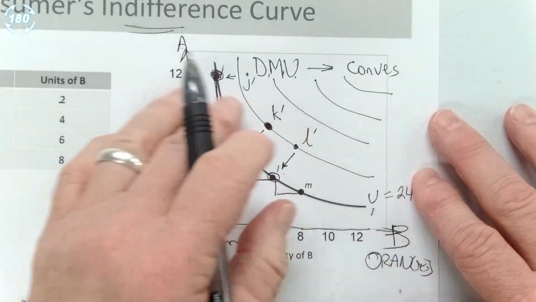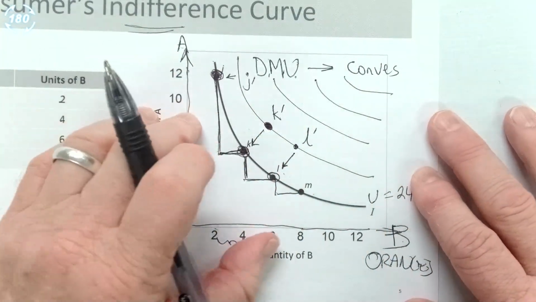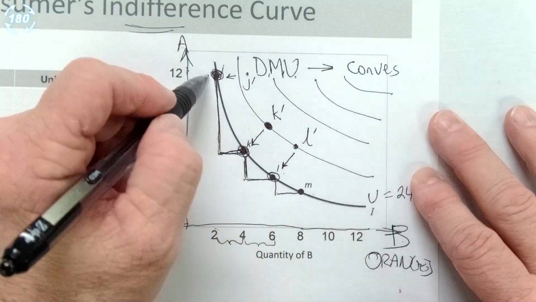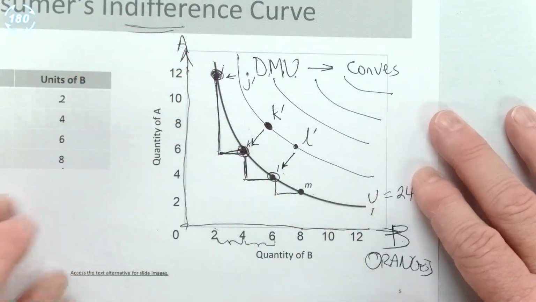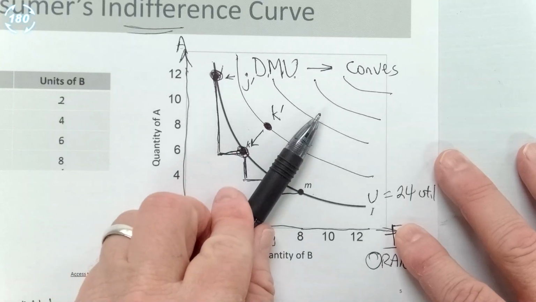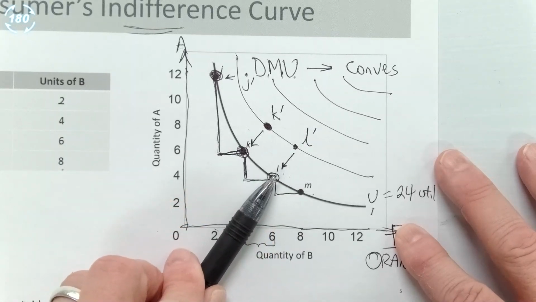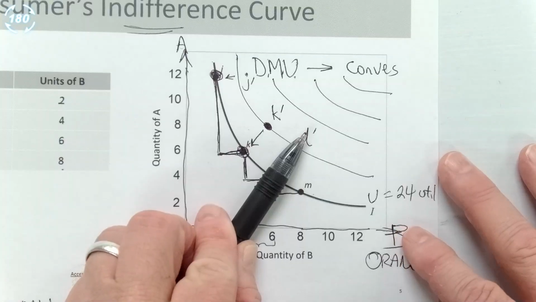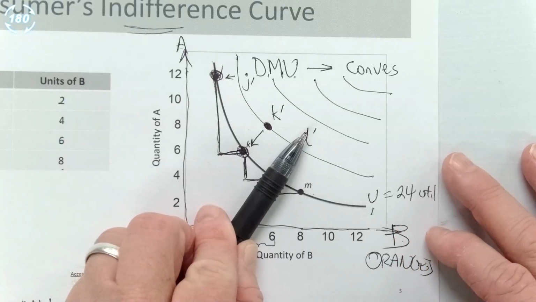Say if I draw the utility curve that delivers twice as much satisfaction as this one does, I'm going to get a curve out here somewhere. Why? These arrows here will always go to the north and east, because when I go from here to here, I'm increasing both goods. More is better than less.